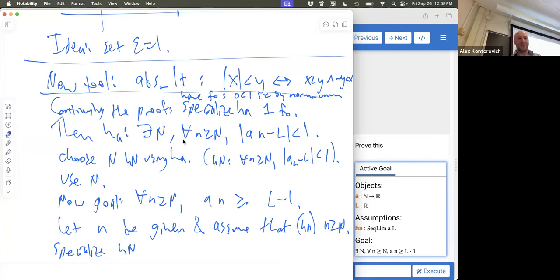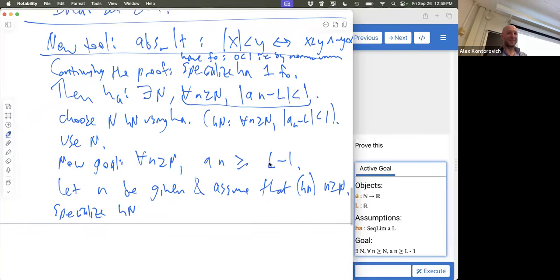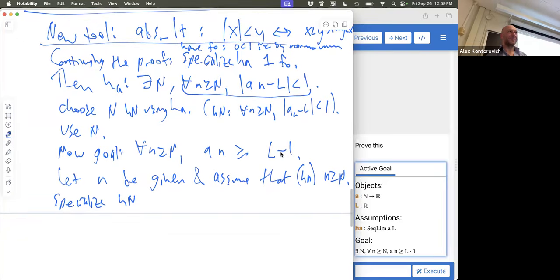It's just this part of the choose. Everybody following along? This makes sense? Specialize HN to little n, and now I need a proof that n is greater than N. That's exactly H little n.